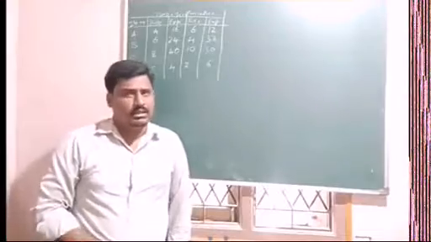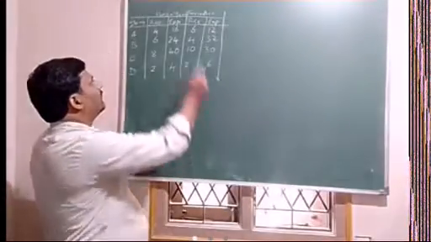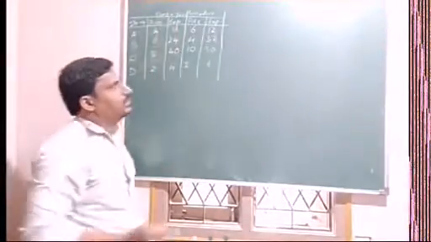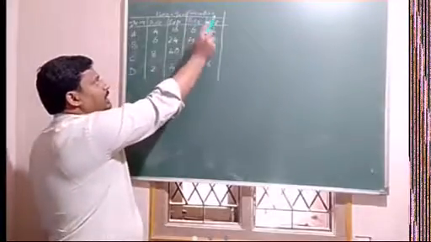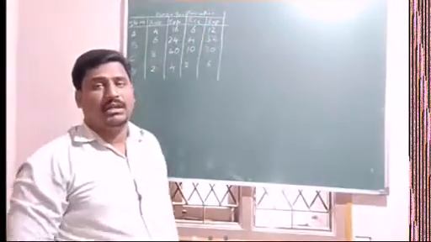Here in this problem, we can observe that base year price, base year expenditure, current year price and current year expenditure are given.